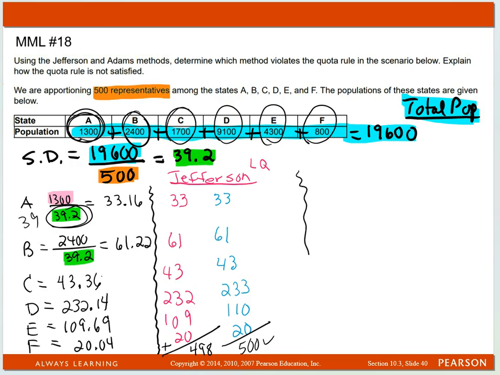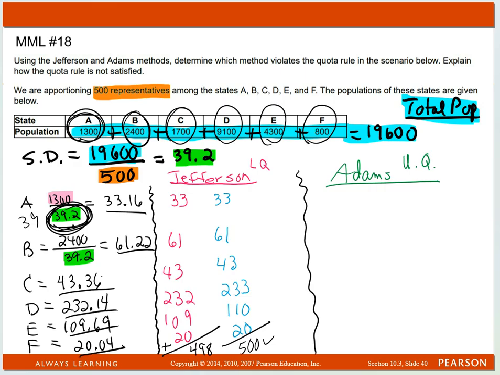And now we're going to do the same thing, but with Adams. Adams always used the upper quota, right? So you have to go back to the original 39.2, which is this number and this number and this number and this number and this number and this number, and use the upper quota.